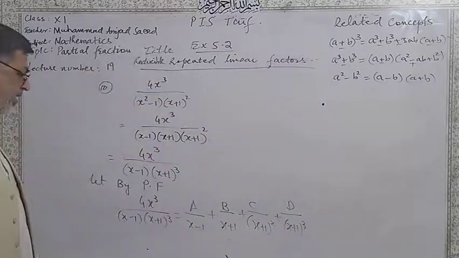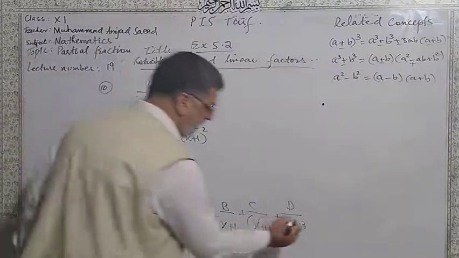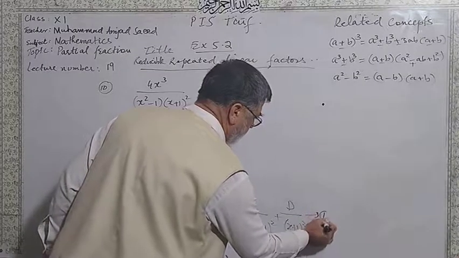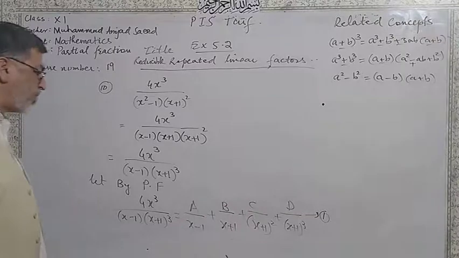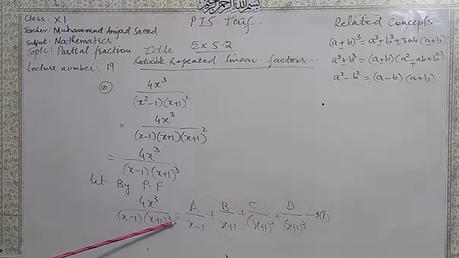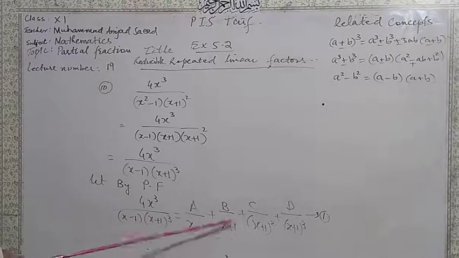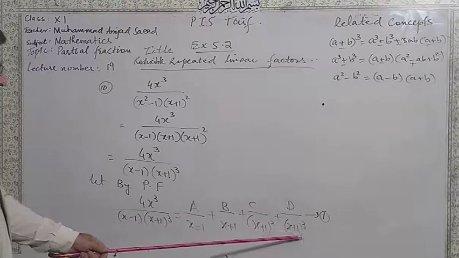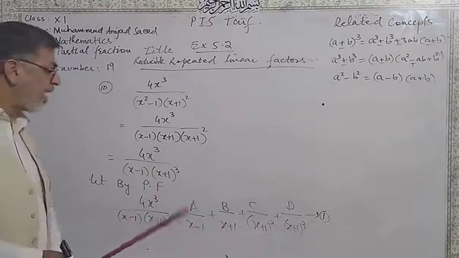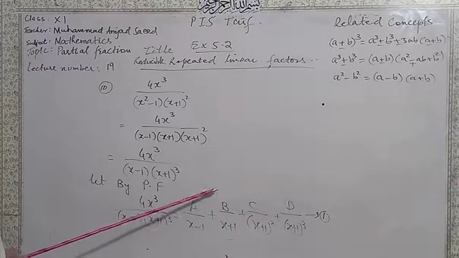In this way, you can write down a constant for each bracket, for each power. Here was power 3. One power will contain b, second power contains c, third power contains d. We have to find these constants a, b, c, d.